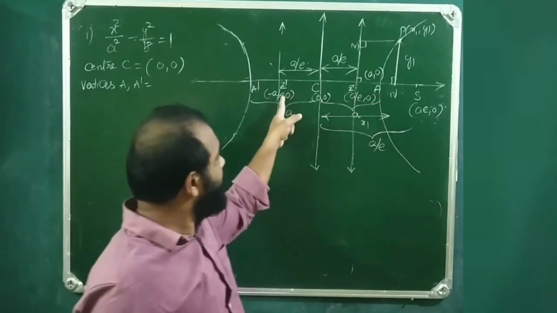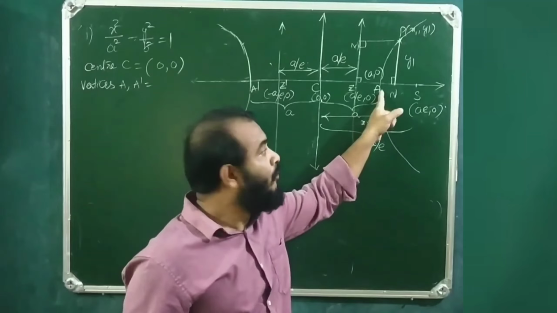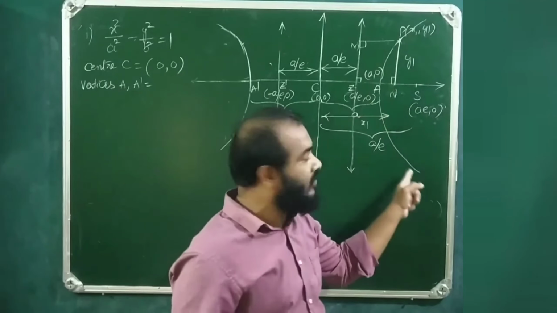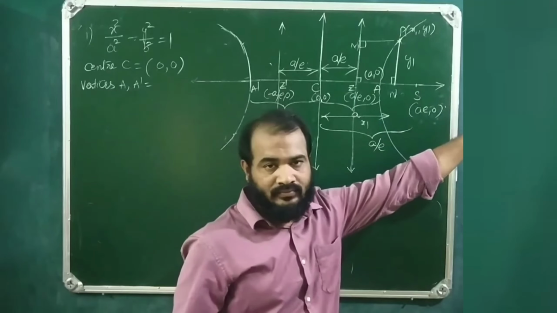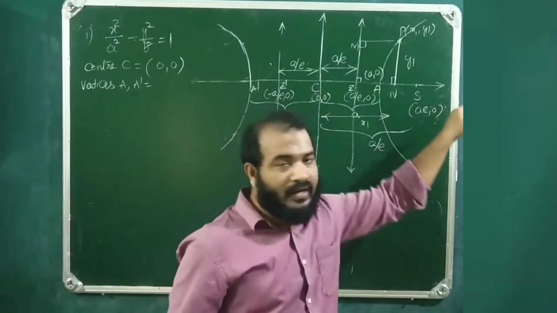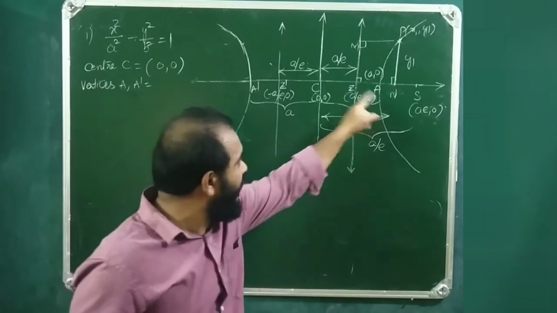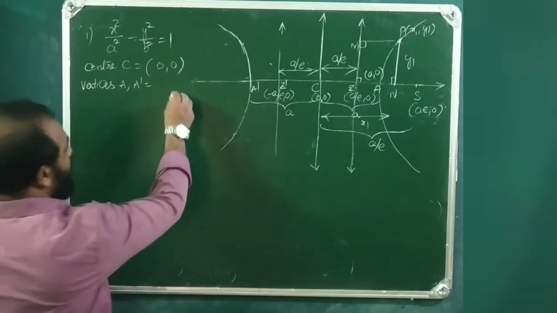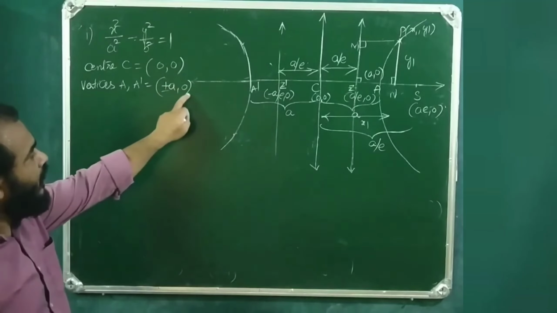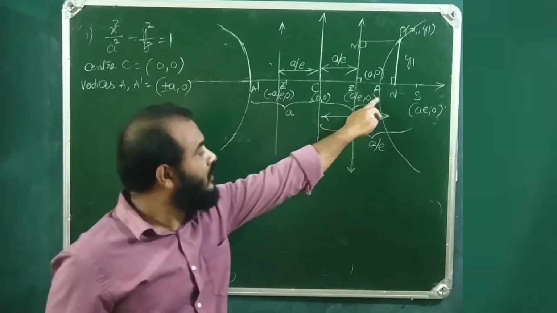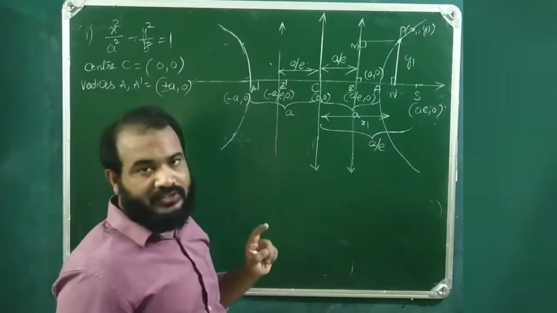What is the definition of a vertex? The point of intersection of the conic, which is the hyperbola here, and the x-axis, the principal axis, is said to be the vertex. So A, A dash are the vertices. So these are plus or minus a comma 0. Plus a comma 0 is A, and minus a comma 0 is A dash.